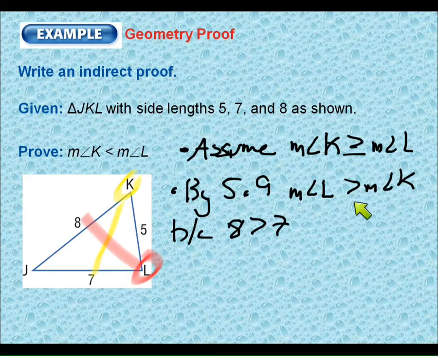So now, this is my contradiction, right? Because I assumed this, and I just proved this. There are a bunch of different ways you can word this, but this contradicts our assumption.